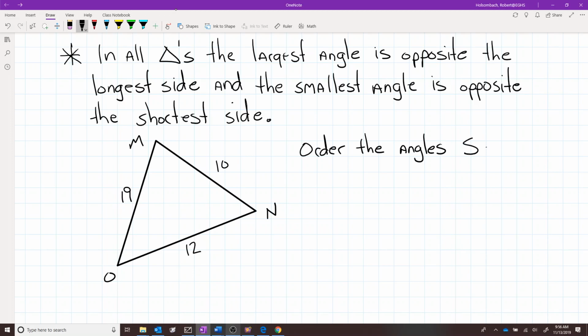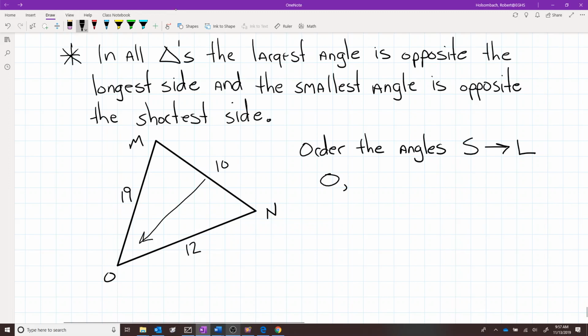Let's go small to large. Alright, smallest to largest. So now you're going to look at the sides, and you're going to look opposite the side to find the smallest angle, right? So if 10 is your shortest side, what's the angle opposite the 10? O. So O would be your smallest angle.